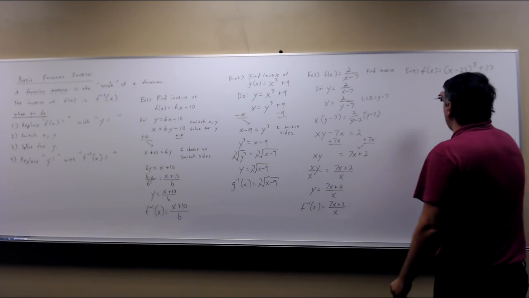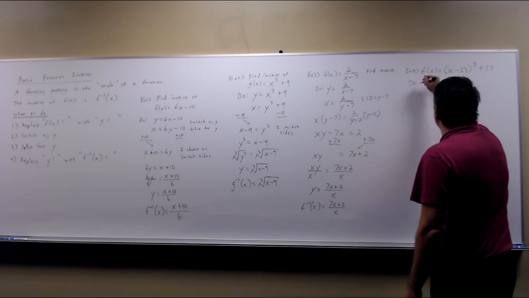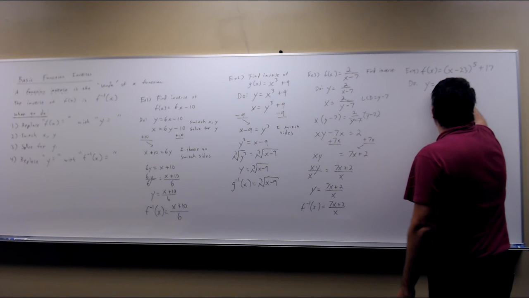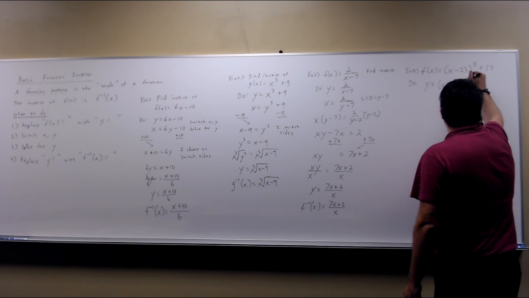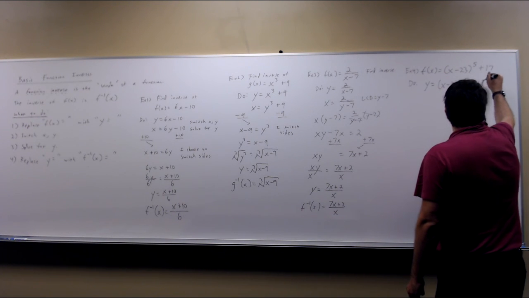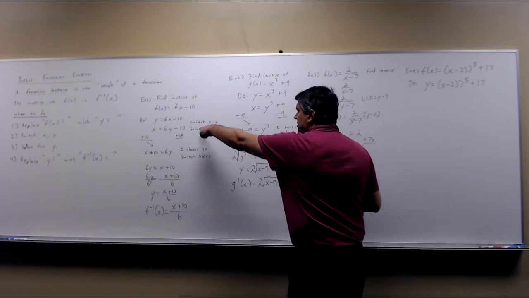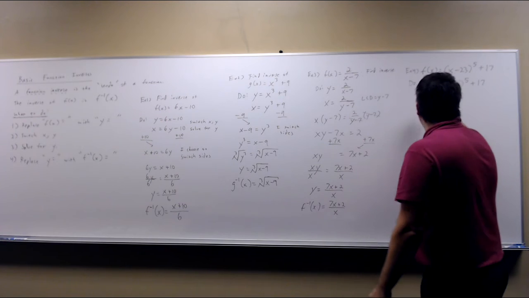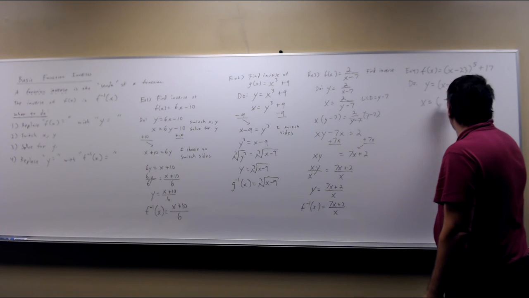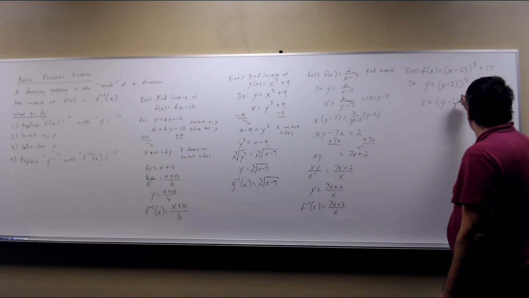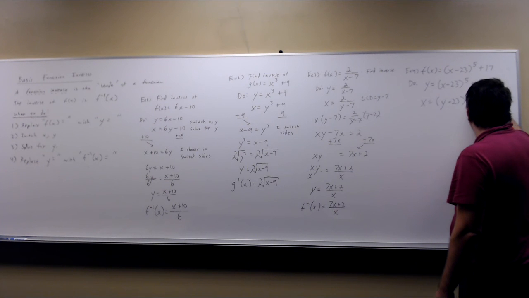All right, so y equals x minus 23 to the 5th plus 17. Remember that we will be needing to switch x and y. So now I will have x equals y minus 23 to the fifth plus 17.